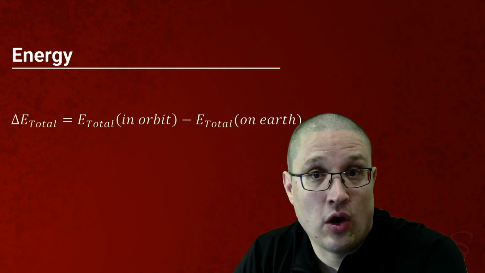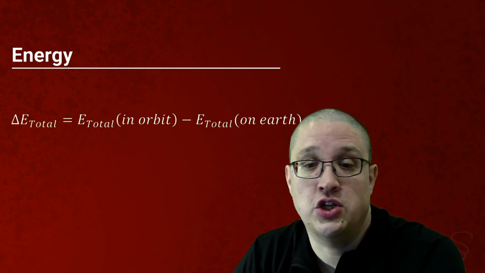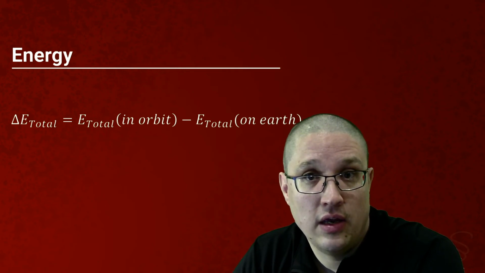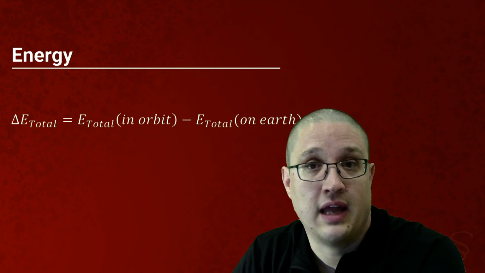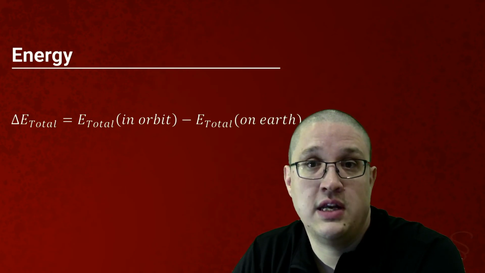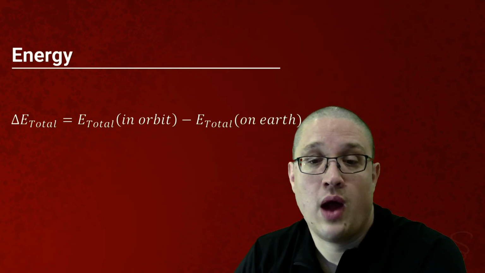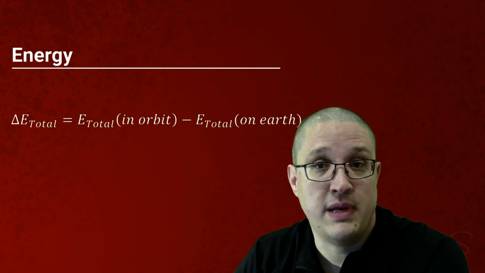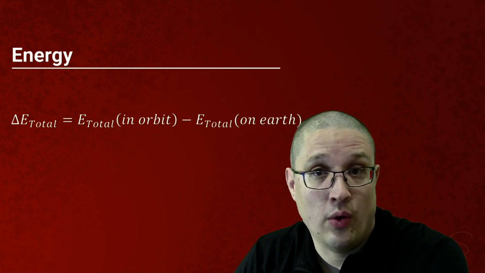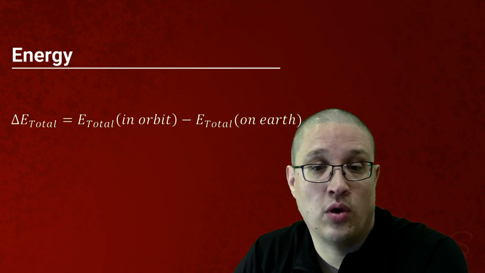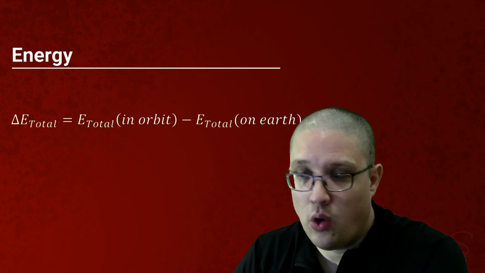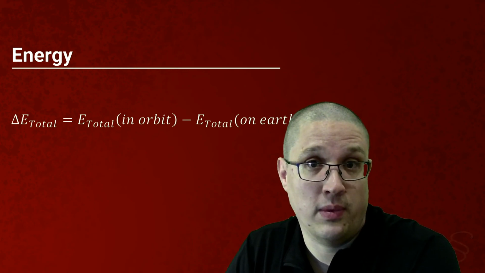We frequently also talk about this in terms of change in velocity, or delta V, which we can find by using our velocity formula, our kinetic energy formula. This change in velocity or change in energy tells you how much you're going to need to speed up or slow down in order to change your orbit, get into orbit, to leave orbit, or to transition to a different orbit.